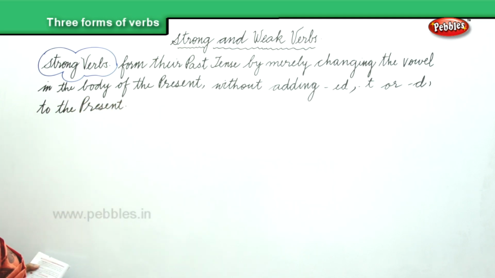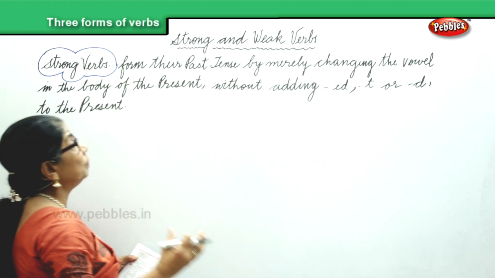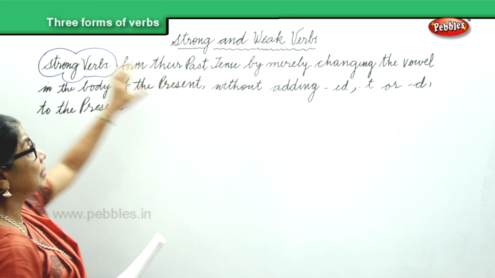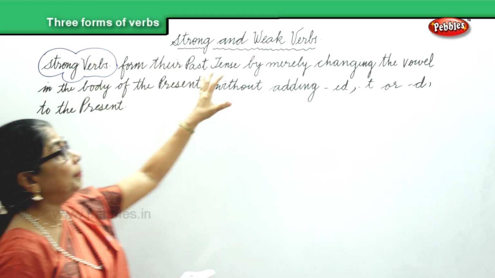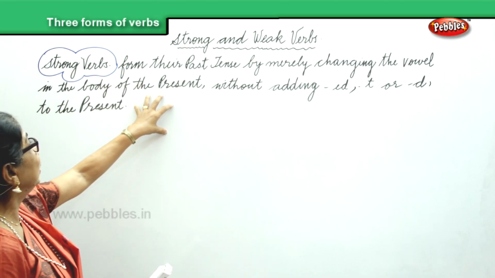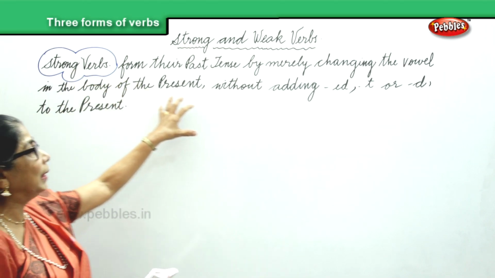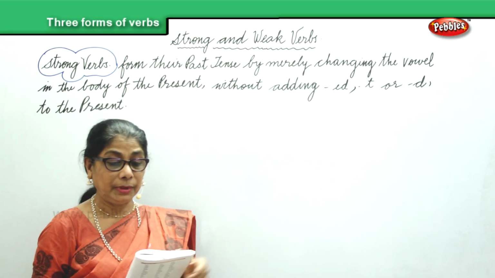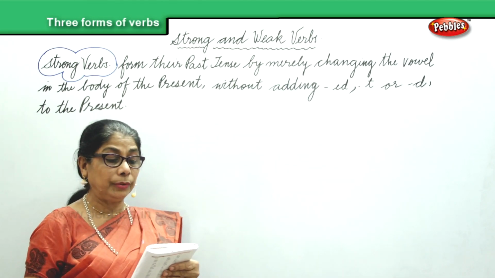Let's look at it again. Strong verbs form their past tense by merely changing the vowel in the body of the present without adding ED, T or D. Okay, that's what we are talking about.